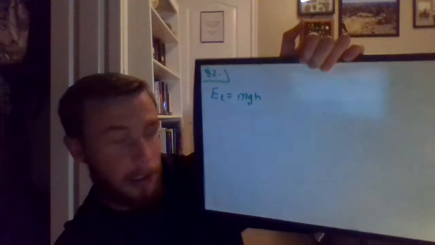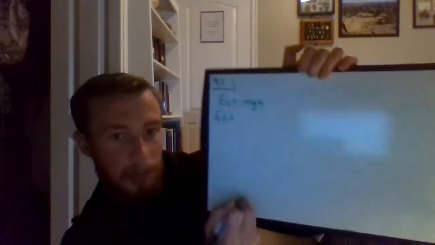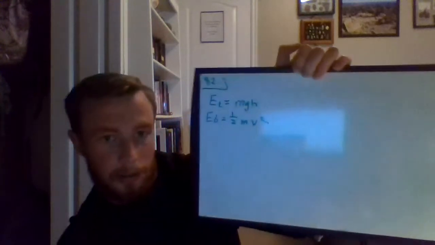So the first thing we need to do is determine the horizontal velocity at the bottom of the slide. The energy at the top of the slide is just the potential energy, so the total energy at the top is the mass times gravity times height, and the energy at the bottom is 1/2 the mass times the velocity squared.